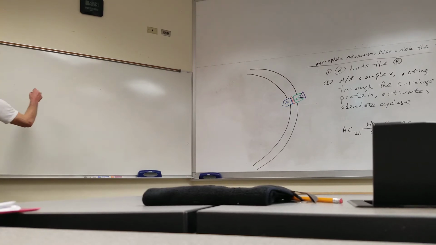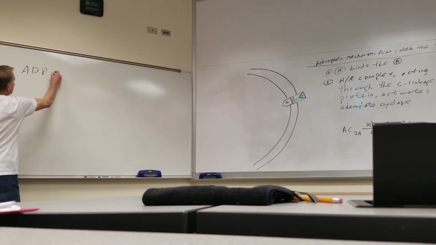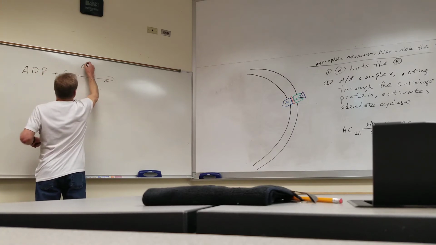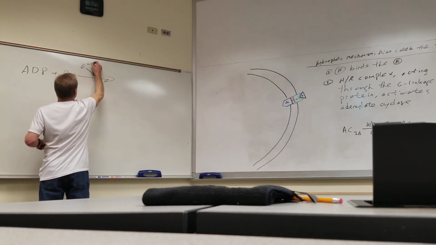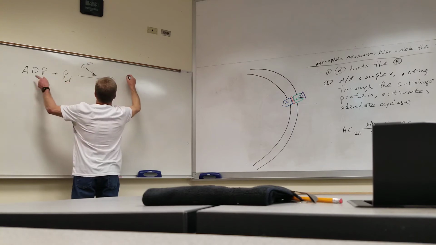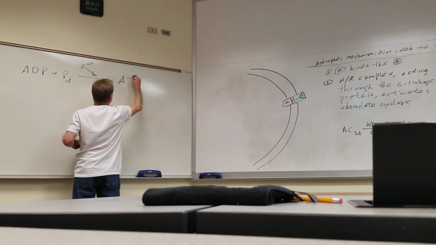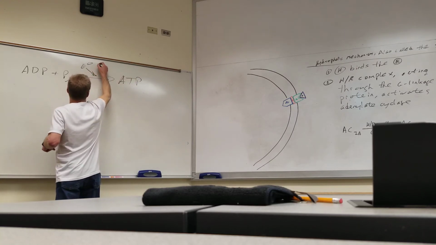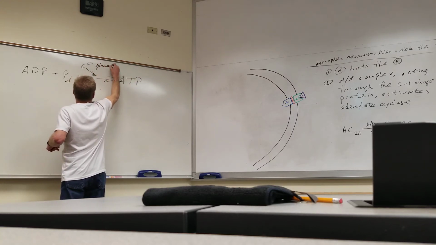You studied ATP in Biology 111. You took ADP, an inorganic phosphate, and you had a source of energy, and you put that third phosphate on ADP, making ATP. Basically, your source of energy was glucose.